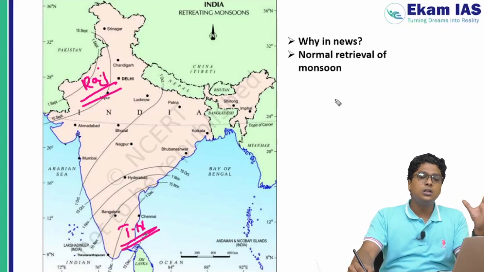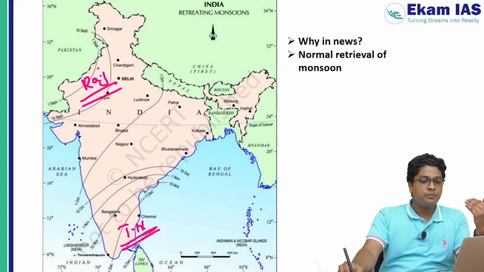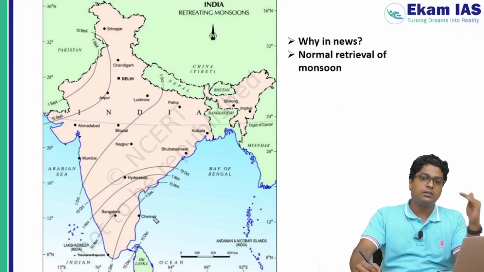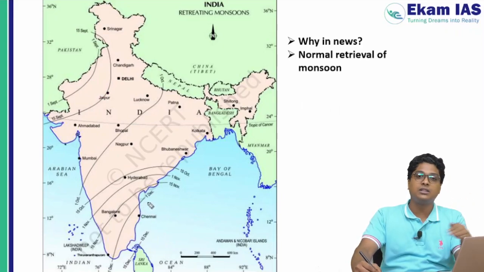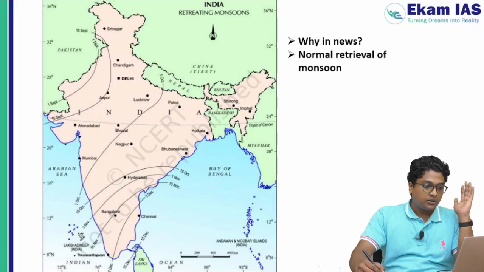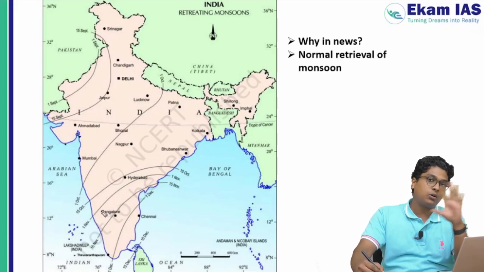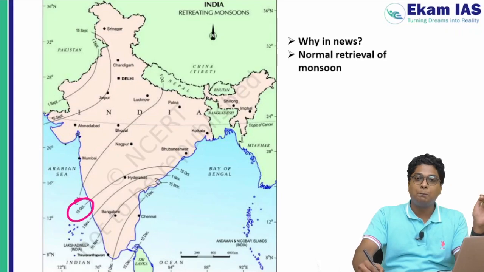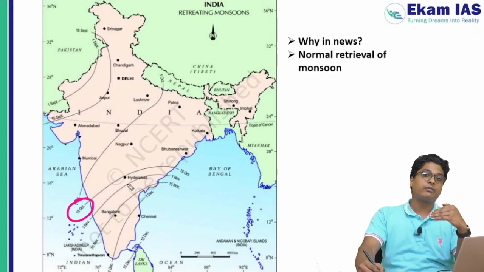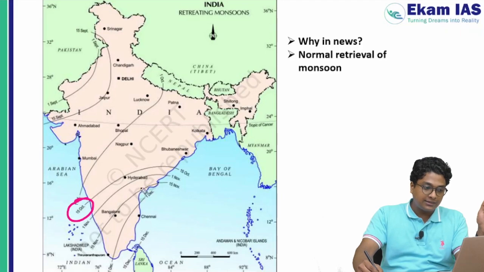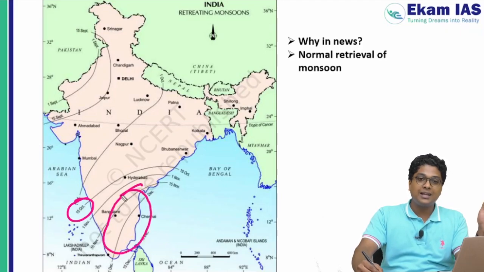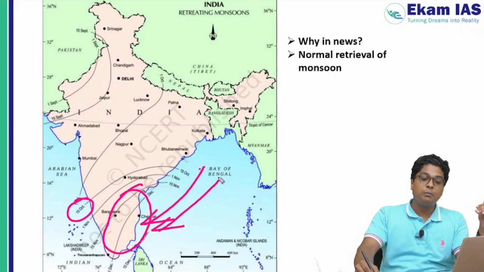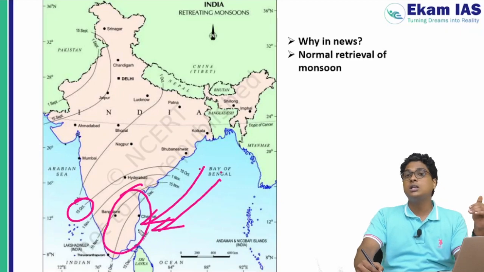So this is how the normal date of the retrieval is. By around December, it should be completely leaving the subcontinent. October 15th means it will be reaching here and will be completely withdrawing from the subcontinent. But at this time, the eastern part of the peninsula region will still be getting rainfall because the winds from the Bay of Bengal will be moving towards Tamil Nadu.